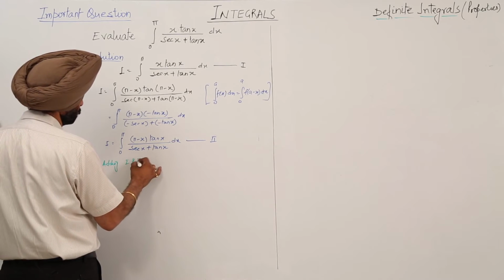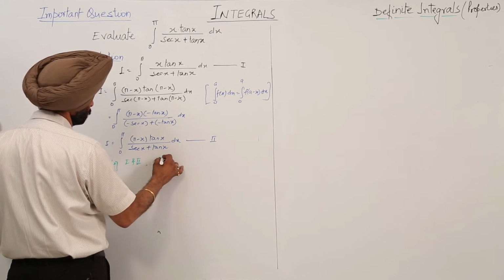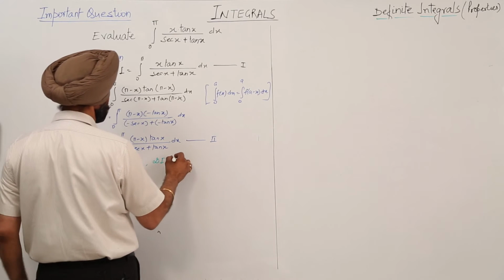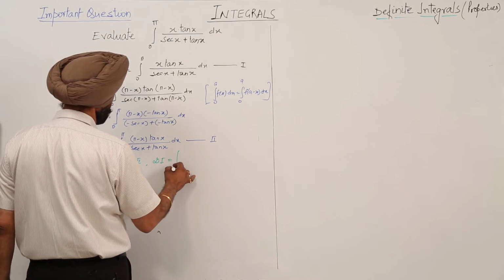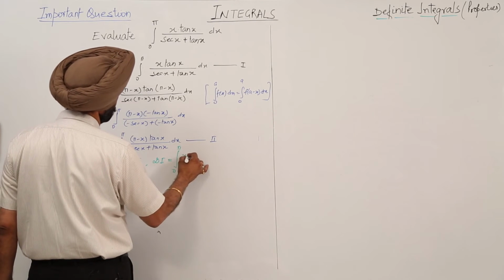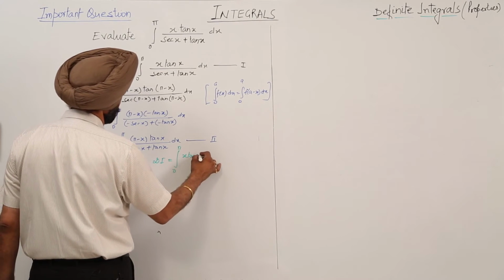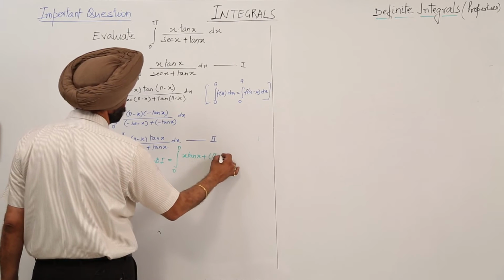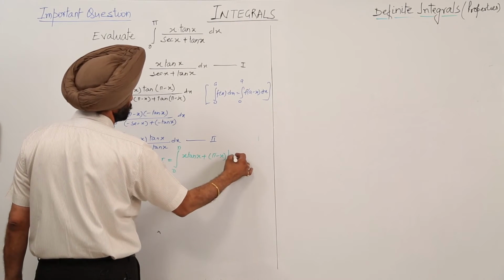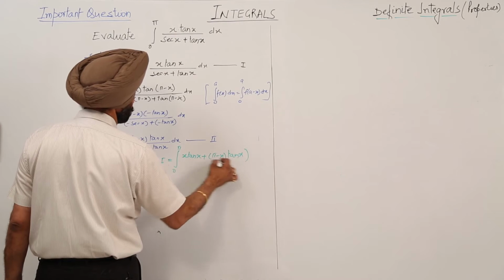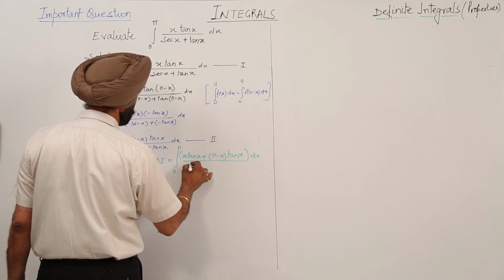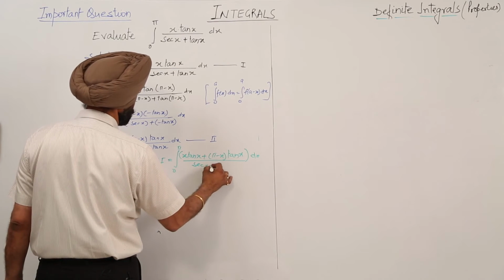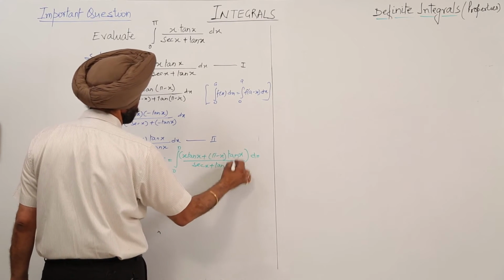Adding 1 and 2, 2I is equal to the integral from 0 to pi of x tan x plus (pi minus x) tan x dx upon secant x plus tan x.